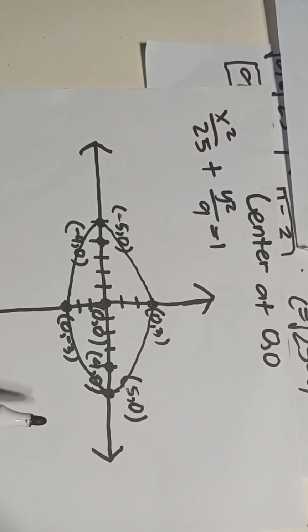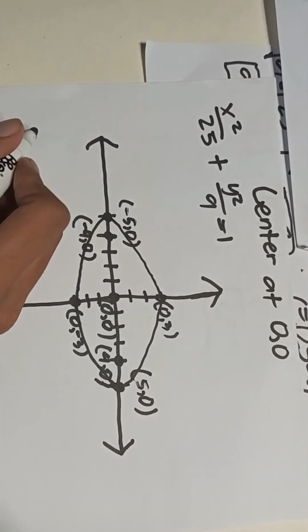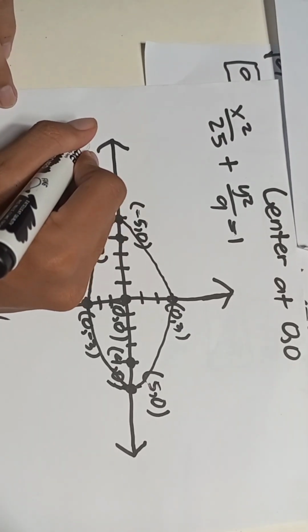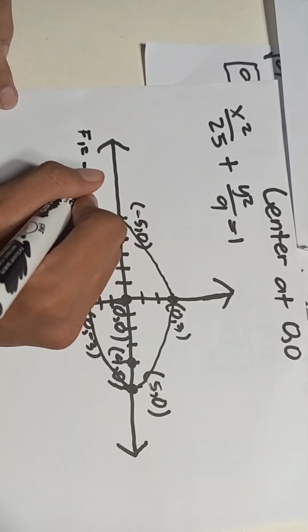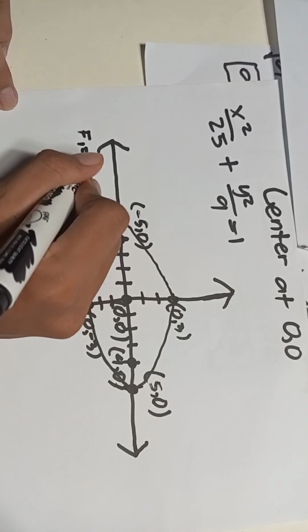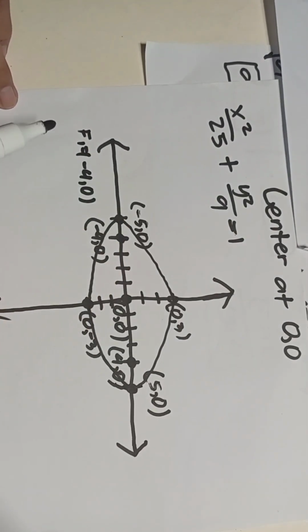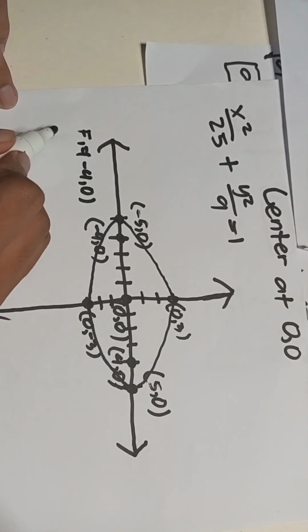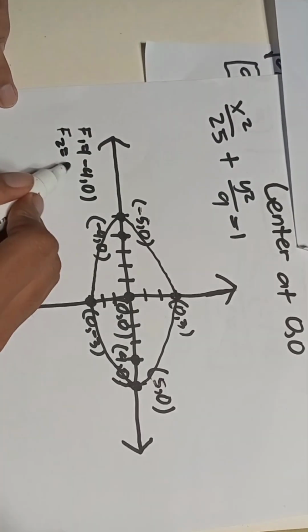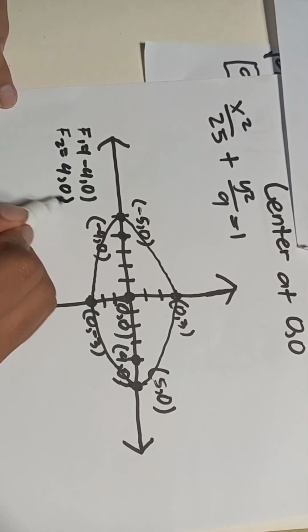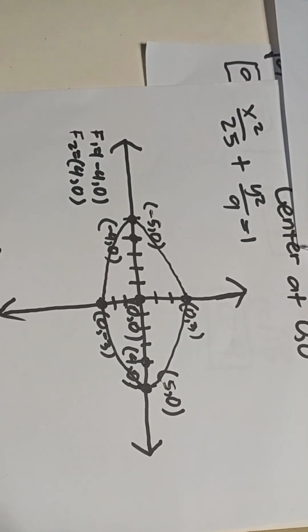We are going to label our f sub 1. f sub 1 is equal to negative 4, 0. This f sub 1 is our focus 1. Our f sub 2 is equivalent to 4, 0.